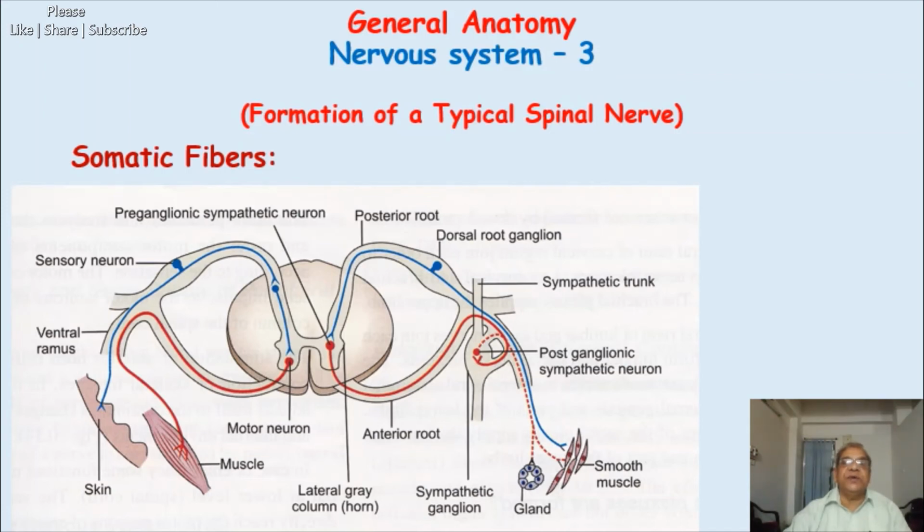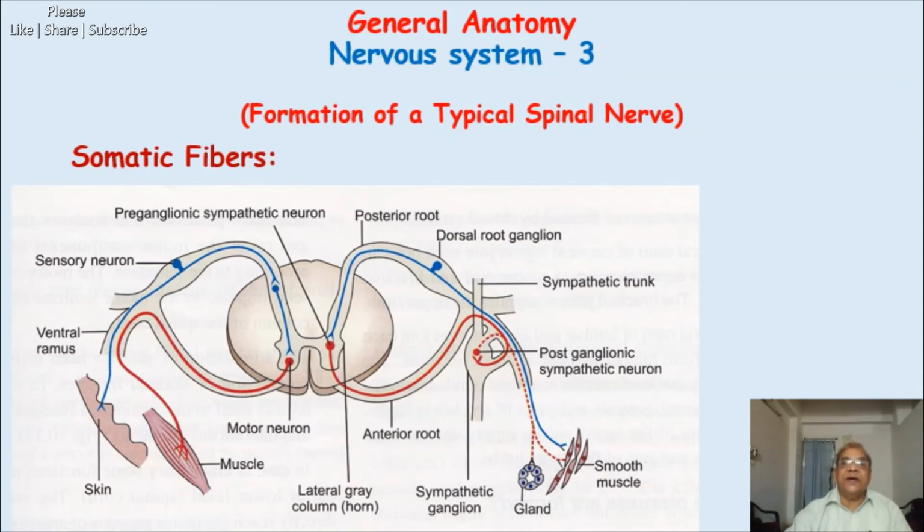So from the spinal cord, the axons of this preganglionic sympathetic neuron start, and since they are motor, they travel into the anterior root, similar to the somatic. So somatic as well as visceral motor fibers travel together in the ventral root, pass through the trunk and come to the ventral ramus.